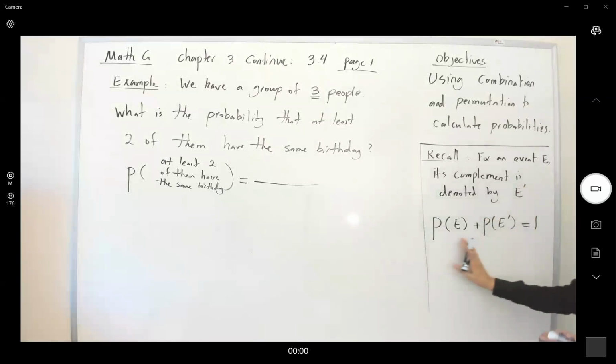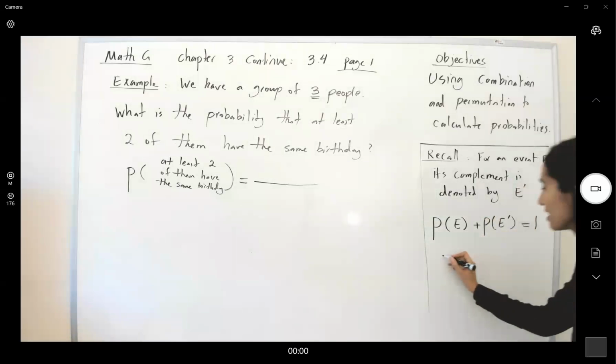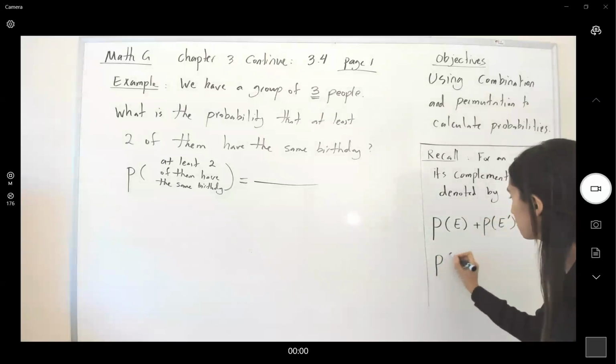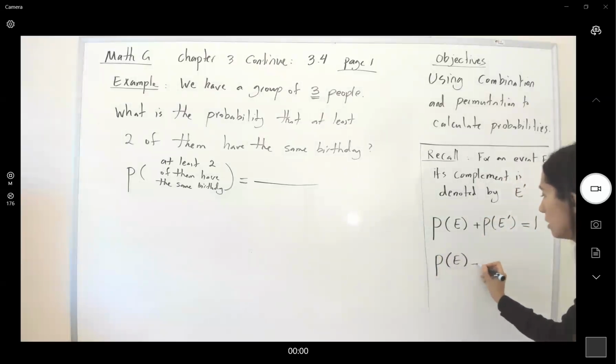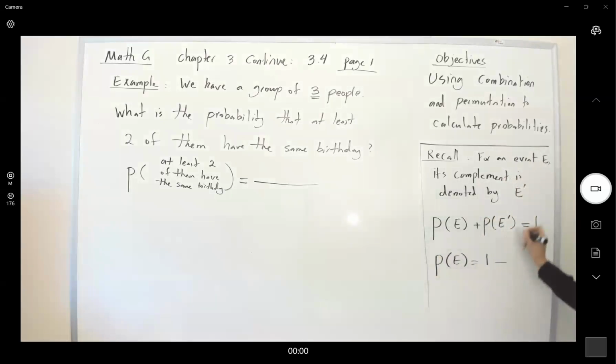So what's the relation between the probability of E and the probability of its complement? We can write the probability of event E equals 1 minus the probability of the complement, by subtracting that quantity from both sides.